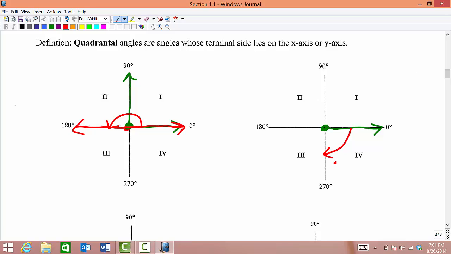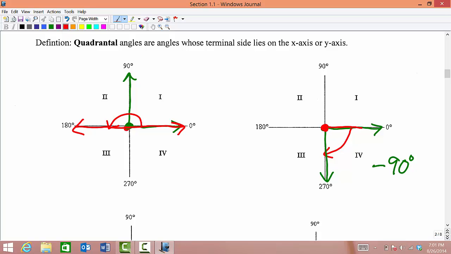So if I go in the negative direction a quarter turn, the terminal side would lay right there on that negative y-axis, but since I went in the negative direction a quarter turn, that would be described as negative 90 degrees.